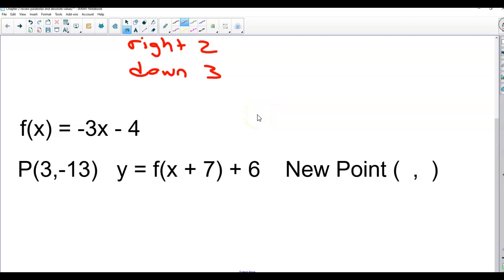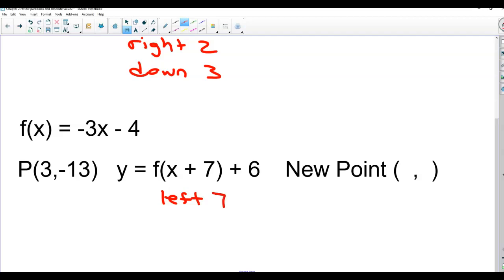If you take a look at the second one, okay, here's my starting point, (3, -13). It's got to make this true right here. It does. Now, what makes this parenthesis equal to 0? It's a negative 7. So if I'm going negative, that means left according to the x-axis.